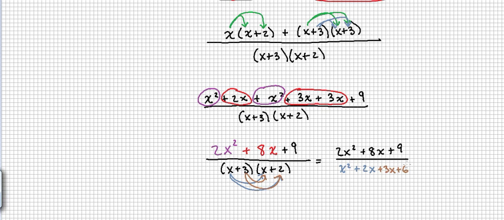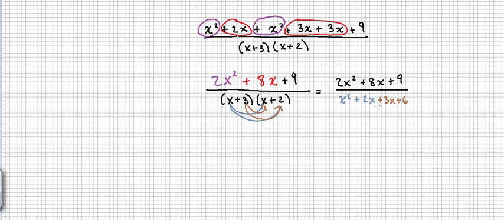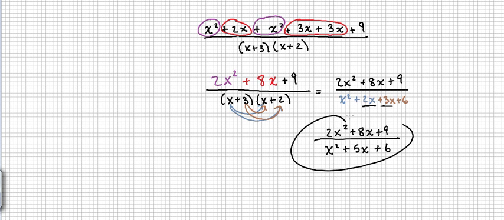So these two are going to add up. This is going to be 2x squared plus 8x plus 9 divided by x squared plus 5x plus 6. That's our final answer. So that's pretty much it on division.